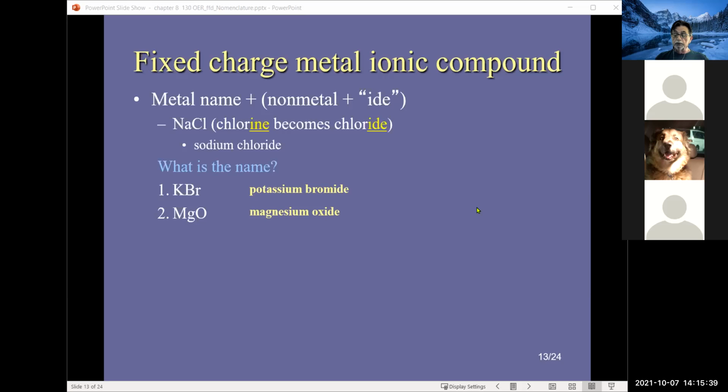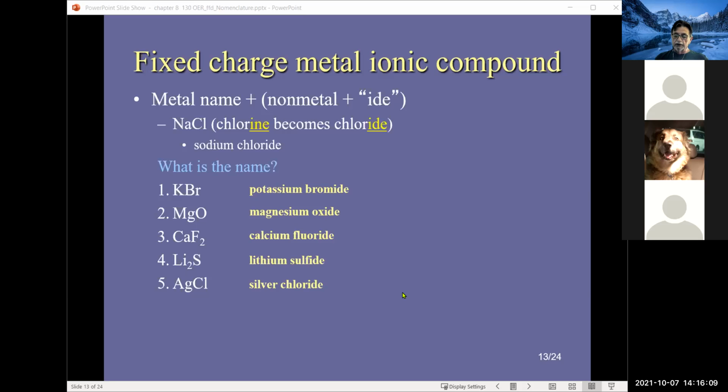Again, no Roman numerals, because both potassium and magnesium have known oxidation numbers, 100% of the time, part of the 16, so no Roman numerals. Here we have calcium and then the fluoride, okay? So it's calcium fluoride. And then we have lithium, sulfur becomes sulfide, and silver and chlorine becomes chloride.